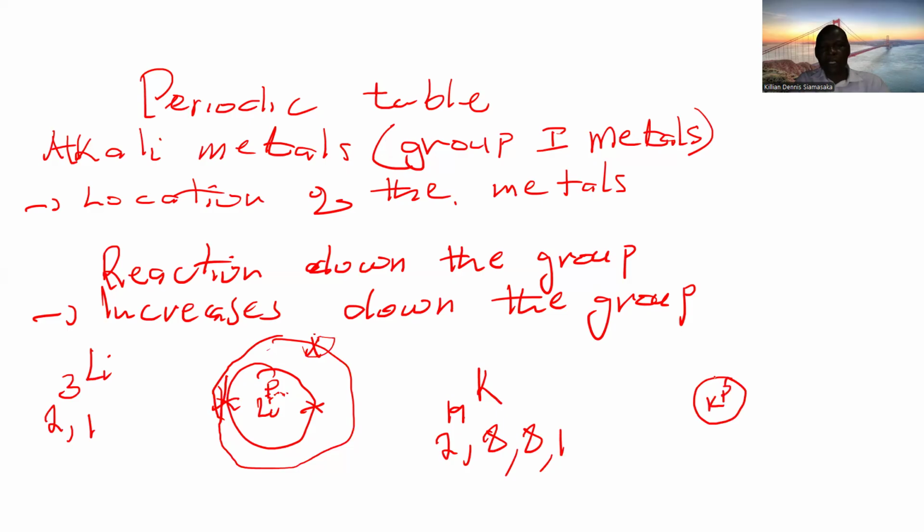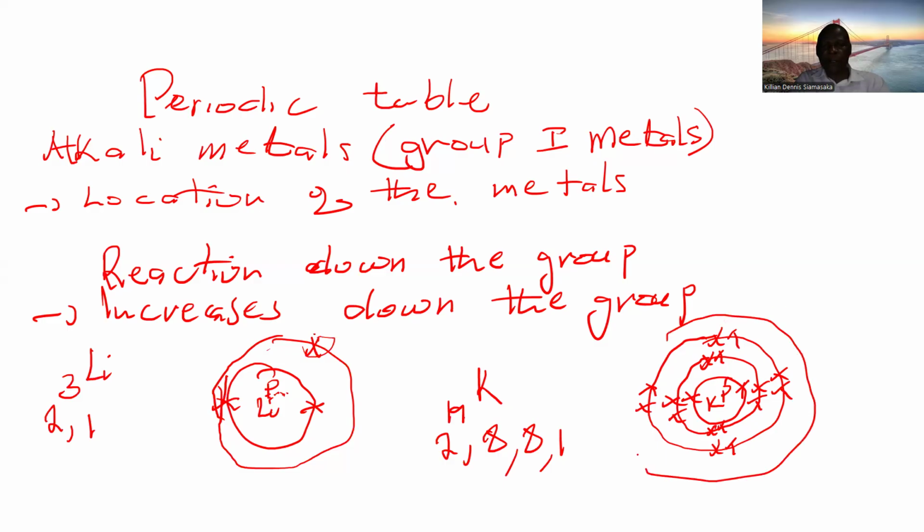We expect 2 electrons in the first shell, second shell 8 electrons, third shell 8 electrons, fourth shell 1 electron.